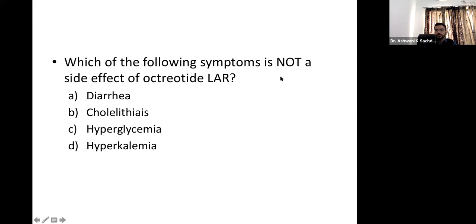So which is not a side effect of octreotide: diarrhea, cholelithiasis, hyperglycemia, hyperkalemia. What cannot be the side effect of octreotide?